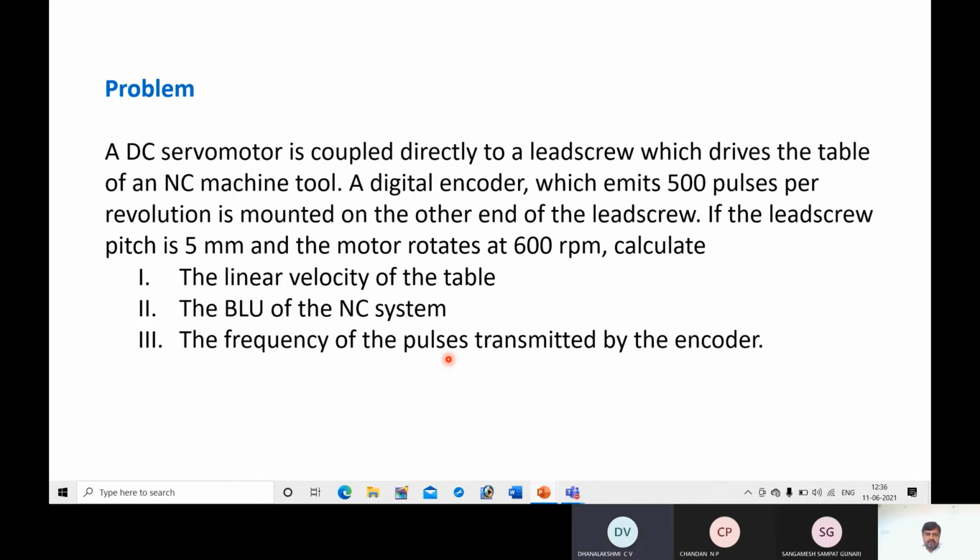If you have solved, anyone can give the answer for the third sub question. It is 5,000 pulses per second.